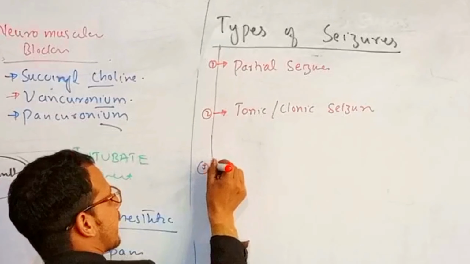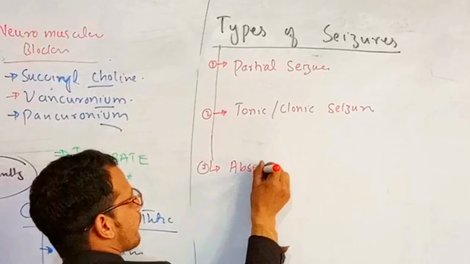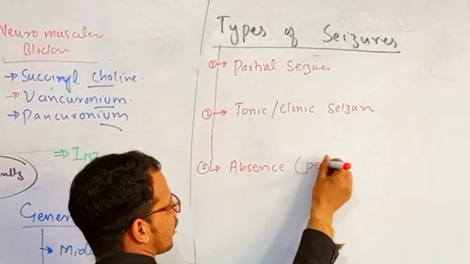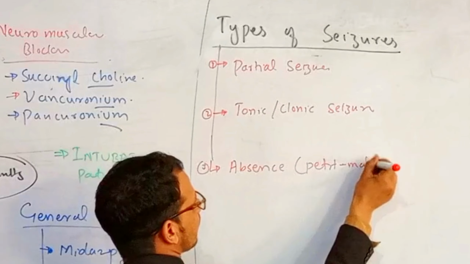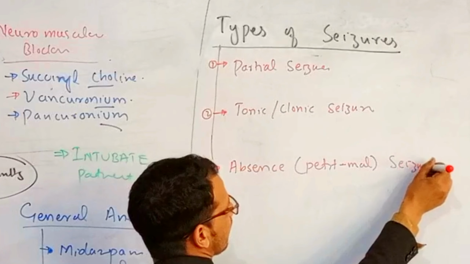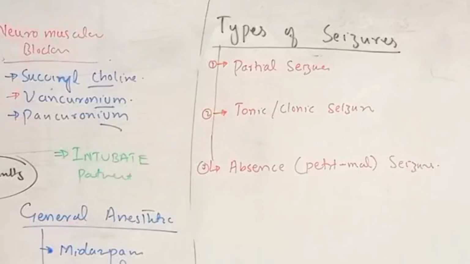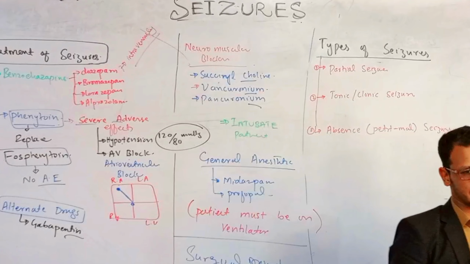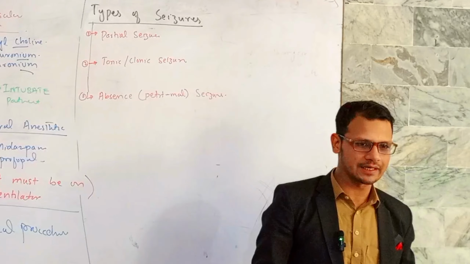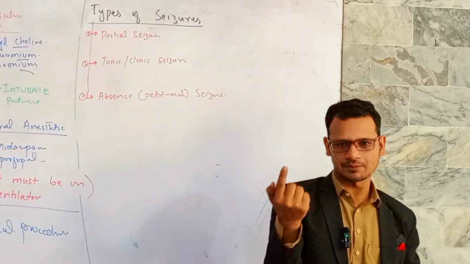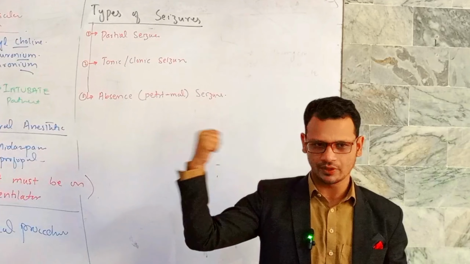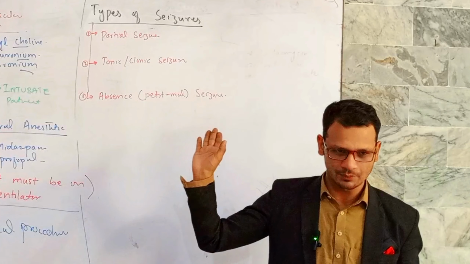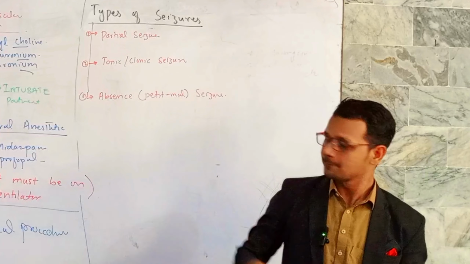Third is absence seizures, also known as petit mal seizures. These are the three types of seizures. Partial seizures, as the name indicates, occur in one part of the body. For example, the seizure occurs in the hand or in the leg. This is called partial seizures.